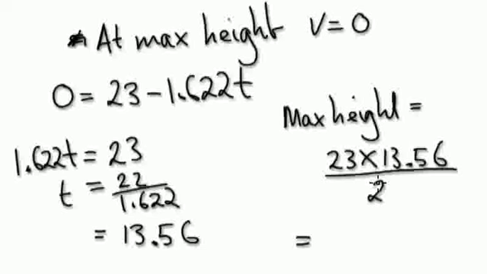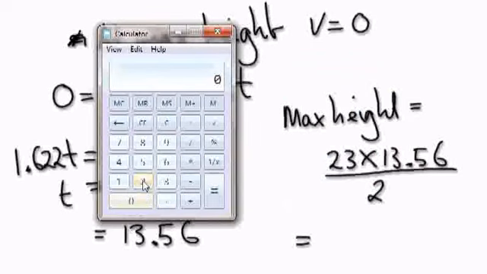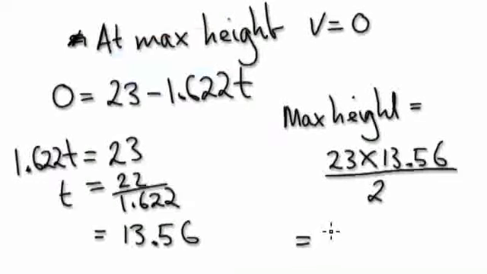So calculator, clear. It's going to be 23 times 13.56 equals this, divided by 2 equals 155.94 meters.